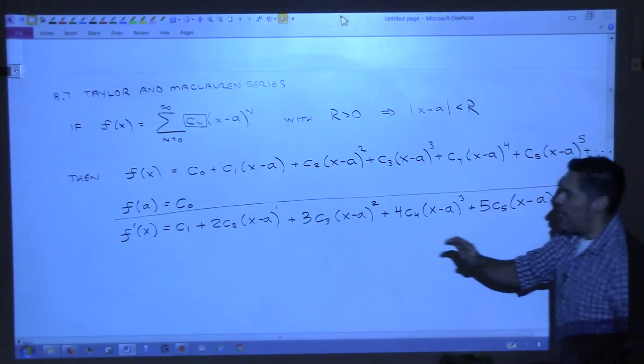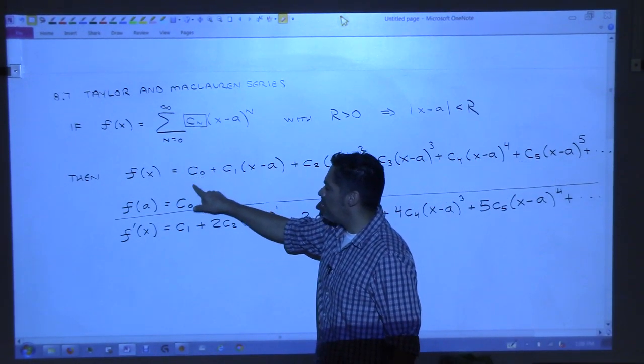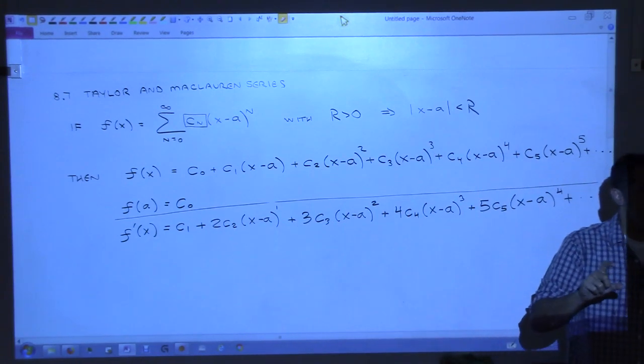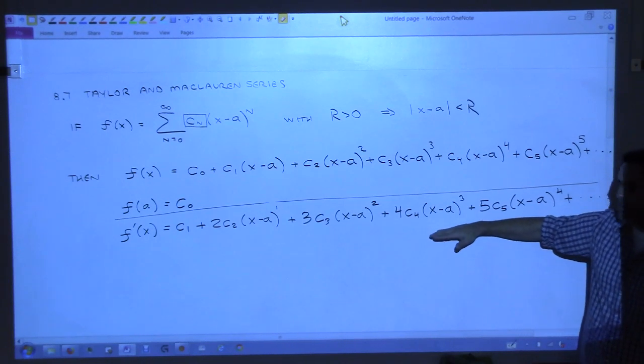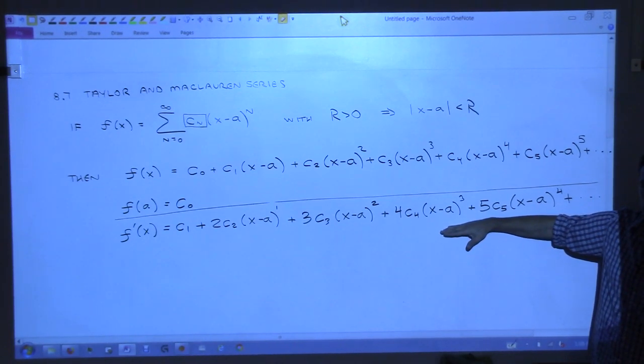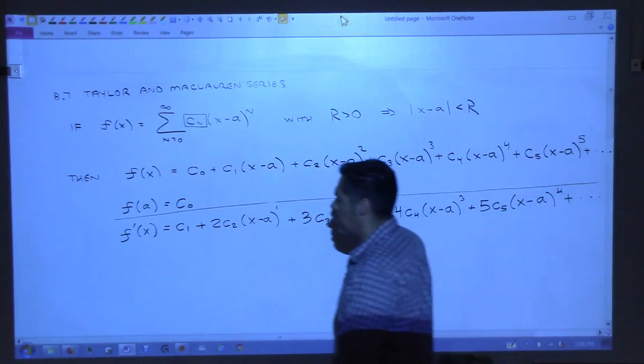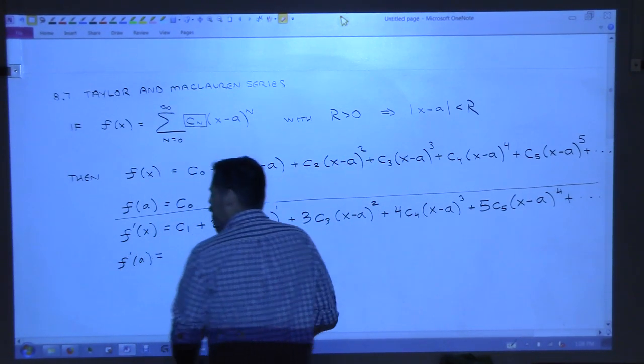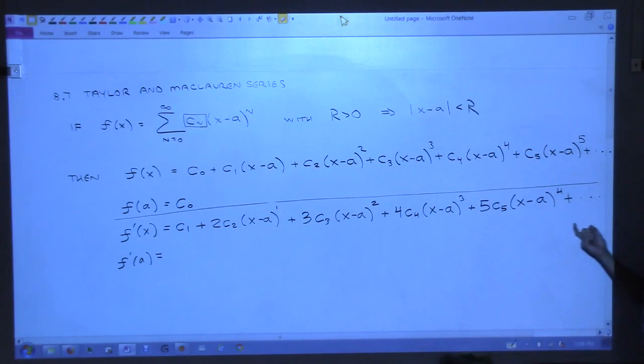I know what C sub 0 was, right? And I told you I want to see if I can figure out what C sub 1 is. Can anybody tell me how I could get C sub 1 right here? Yeah, f prime of a. So why don't we take that derivative we just got and plug a into it? What would happen if I plug in a?